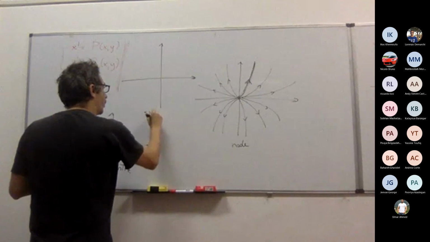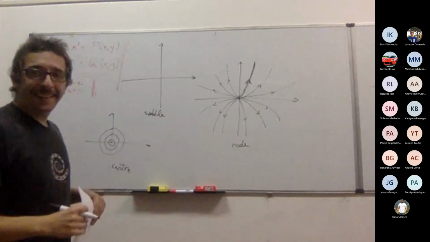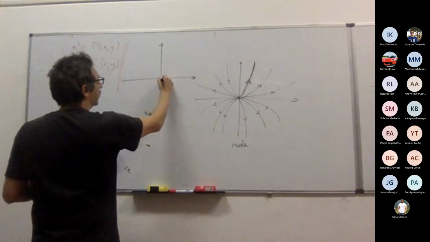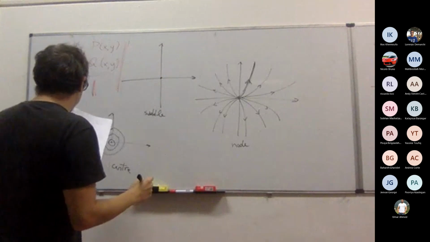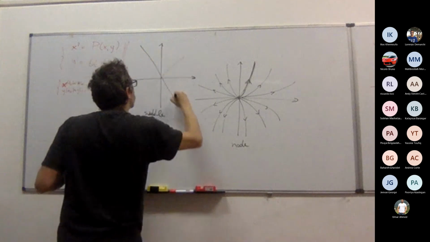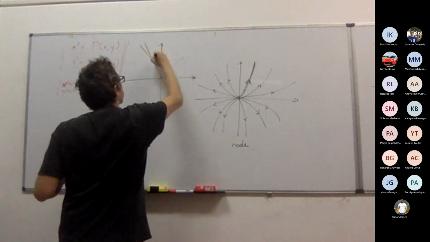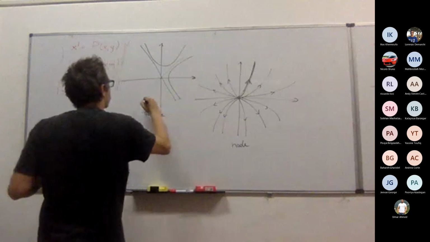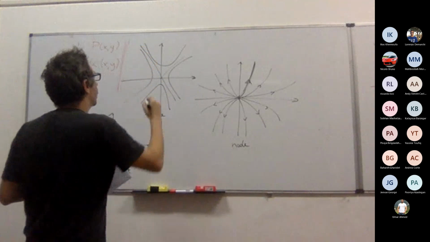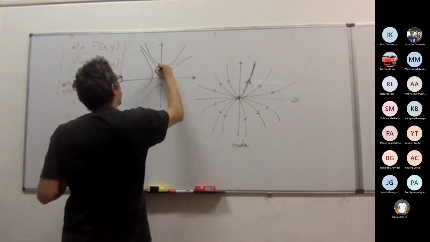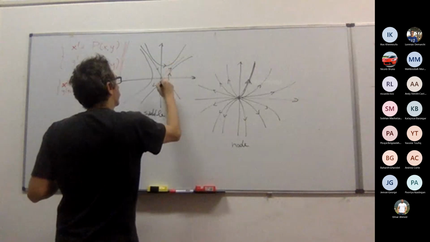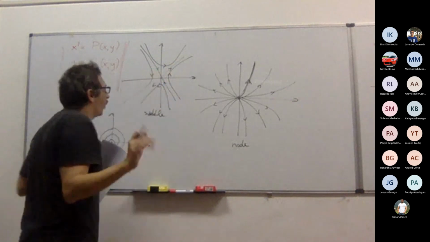So there are some critical points which are called saddles, S-A-D-D-L-E. So imagine that the saddle is in the origin, then orbits would do like this, and this.